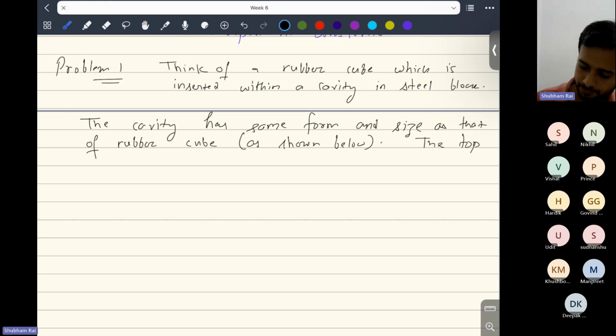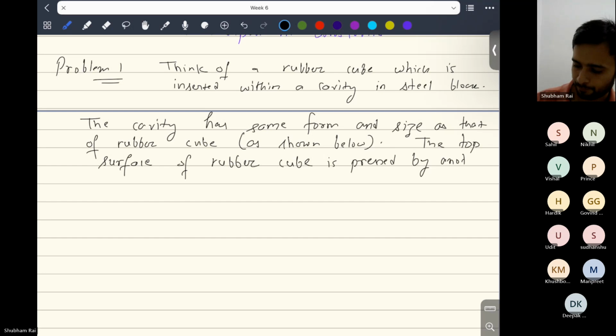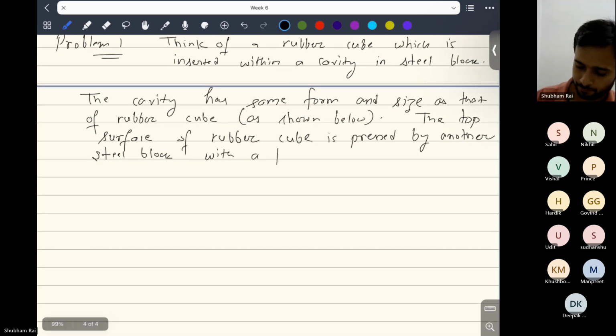The top surface of the rubber cube is pressed by another steel block with a pressure of P Pascals.